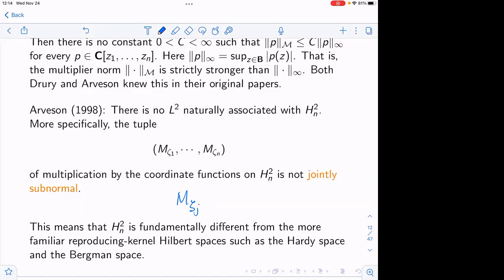So sometimes you don't have a global L2 that comes with the Drury-Arveson space, but for some estimates it's almost like a local L2. It's L2 with respect to a particular multiplication operator, and that's the kind of thing you need to do for certain estimates. So, all right, let's move on.